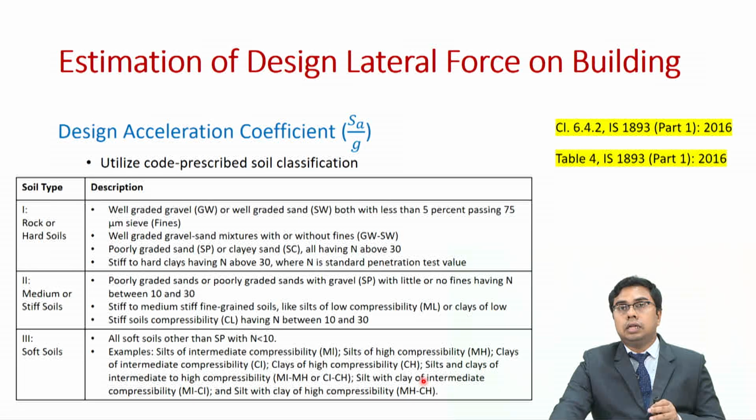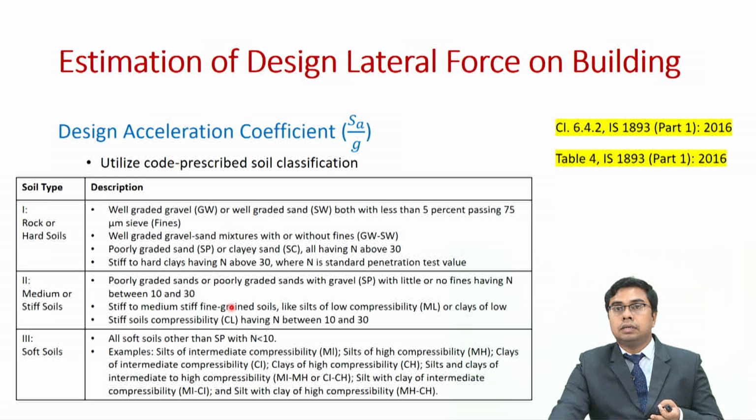We also understood that SA by G depends on different site conditions, whether your underlying soil is rocky or hard stratum, or a medium soil or a soft soil. So this classification is based on various soil properties, the gradation of soil, the composition of soil, whether it is gravel or sand or clay, and sometimes even SPT value is also used to determine what is the soil type at that location.